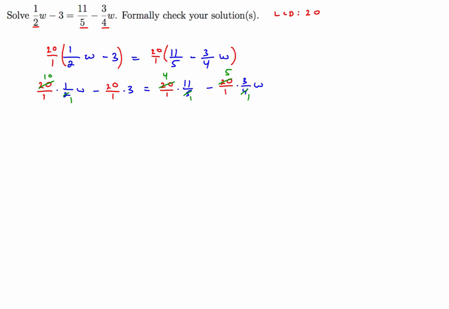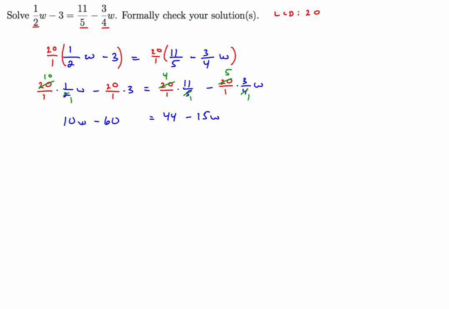Again, all denominators left in this particular equation are 1, so we can remove all denominators and simply multiply the numerators. 10 times 1w is 10w, minus 20 times 3 is 60, 4 times 11 is 44, minus 5 times 3w is 15w. So the new version of the equation without fractions is now 10w minus 60 equals 44 minus 15w.